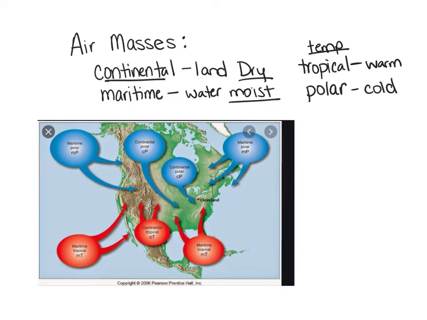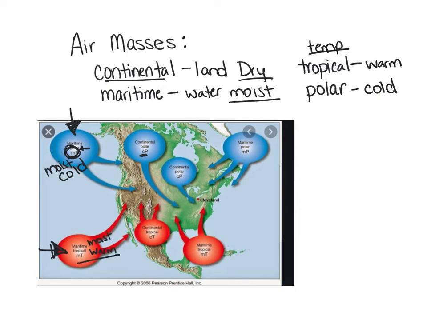Notice that we can also abbreviate the names for the air masses. For example, a maritime polar air mass would form over the water, which would make it moist, and if it is forming from the north, would be polar. And we can abbreviate that with a lowercase m and a capital P. If a maritime tropical air mass is forming, it would be forming near the equator and over the water, which would mean that it is warm and moist.